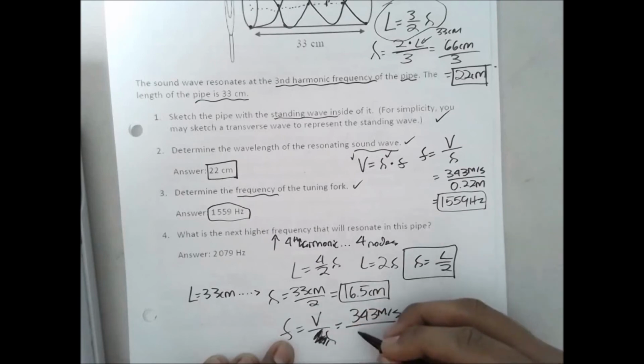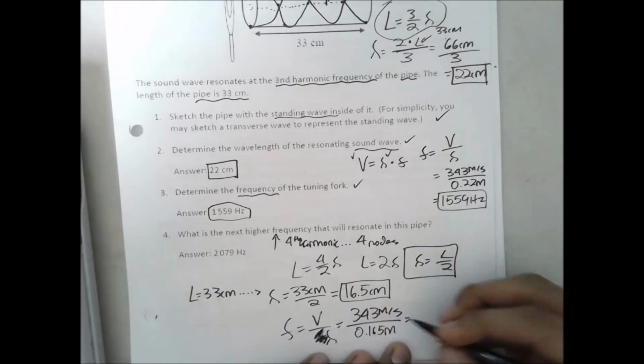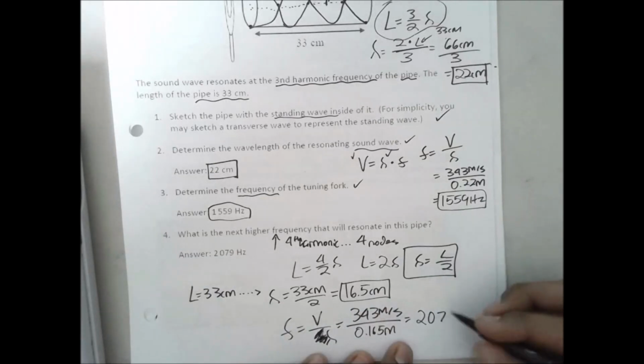And so the lambda is now, instead of 0.22, it's 0.165 meters. And that should confirm that our frequency will be approximately 2079 hertz. The trick here is moving up the harmonic.